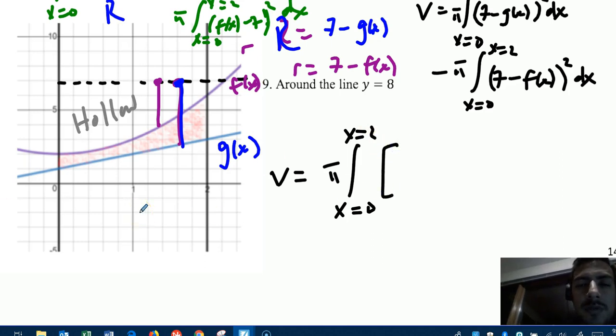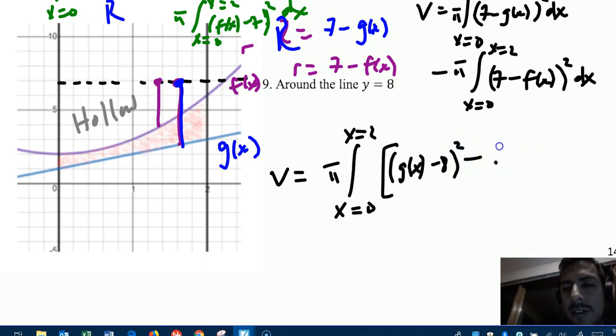I'm going to put a g of x, because g of x is the longer segment here to the axis of rotation. So we'll do g of x minus 8, and we'll square that. And then we will subtract off f of x minus 8, and we will close a big bracket and a dx.